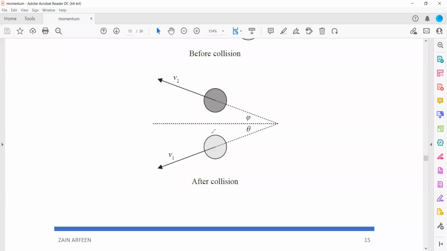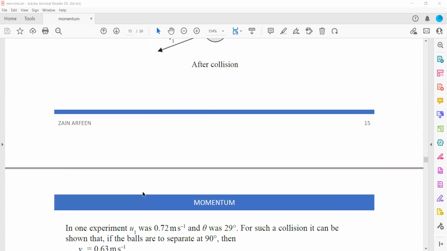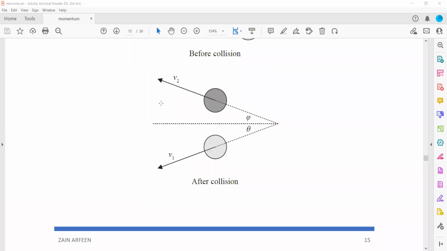And the velocities: v2 is 0.35 and v1 is 0.63.